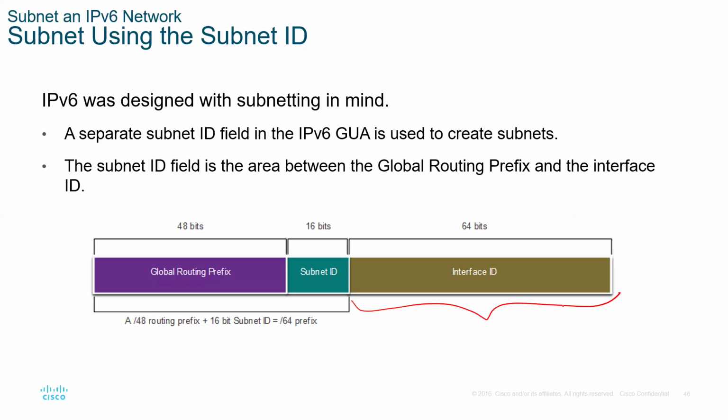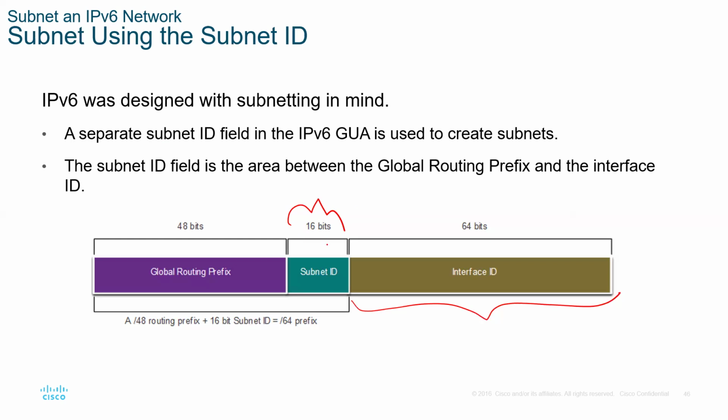Of the 64 bits, the /64 that we use as the prefix, we have 16 bits which are used for the subnet ID. IPv6 was designed with subnetting in mind. A separate subnet ID field is used to create the subnets. It is the area between the global prefix and the interface ID.